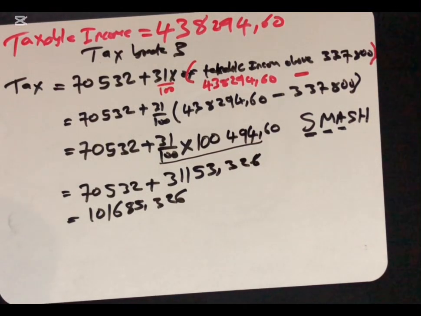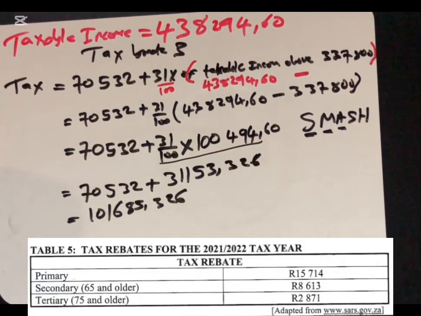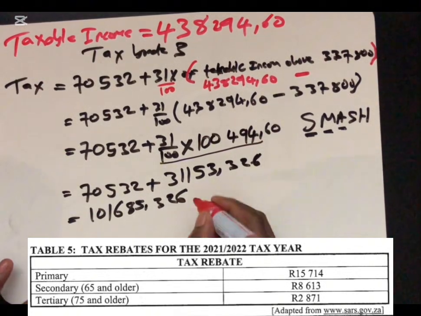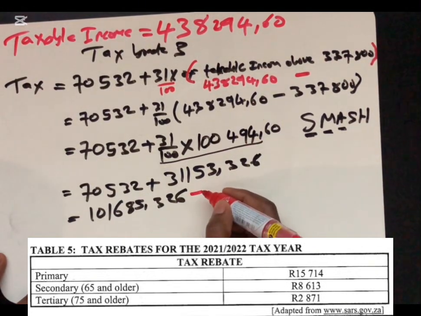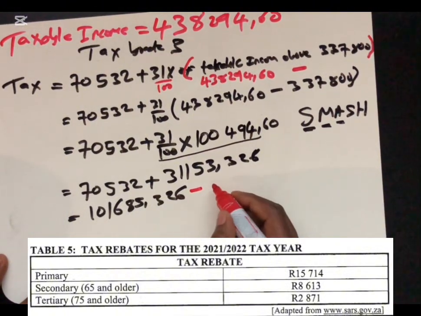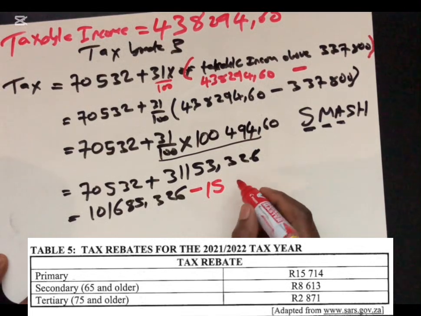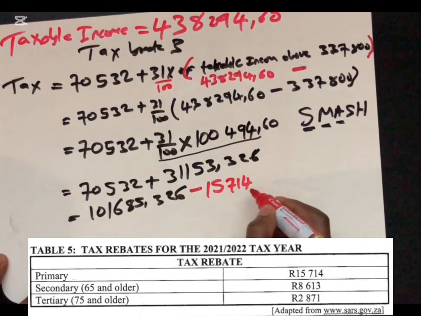Because of the rebates, we are now going to look at the age of the person. How old is the person? She's 53 years old. Because she's 53 years old, she qualifies for the first rebate only, which is the primary rebate. We say minus primary rebate of 15,714.